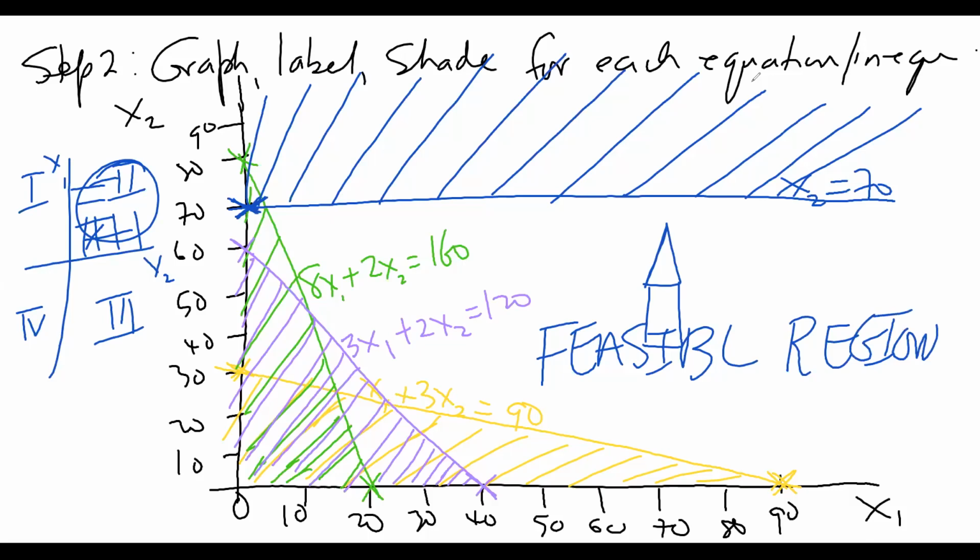If you graph, label, and shade consistently, the feasible region will present itself right in front of you. You don't need to go looking for it. If you consistently pay attention to one equation at a time, just like how we did a while ago.